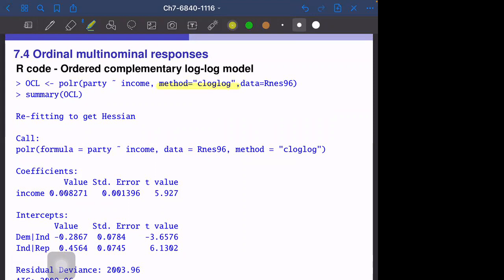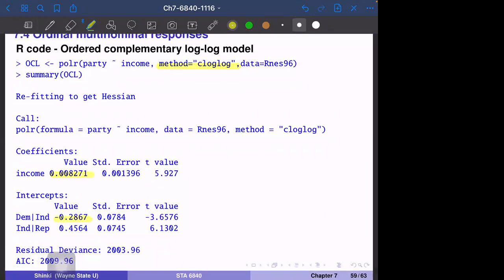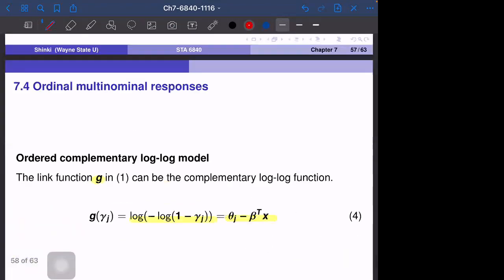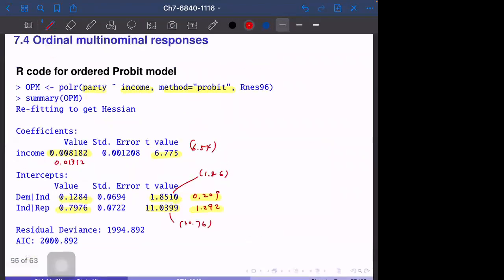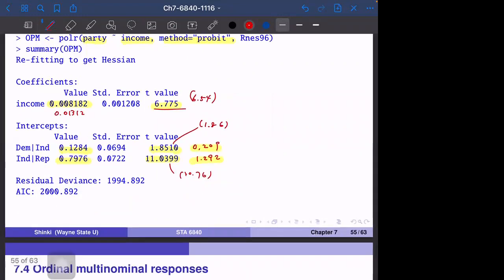Then we can see the intercepts, the values for theta 1 hat and theta 2 hat. The t-values are a little less significant. Maybe the first one is more significant, the second one not significant, but this one is more important, 5.927, compared with the previous 6.775, so slightly less significant.